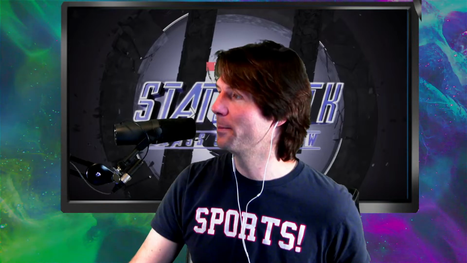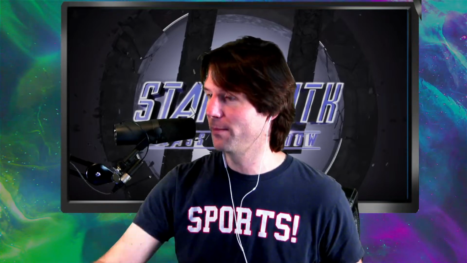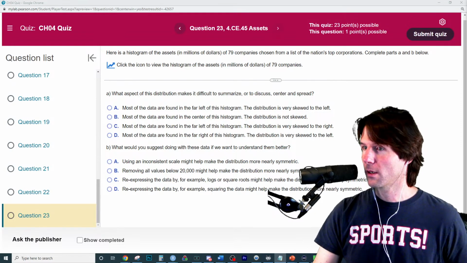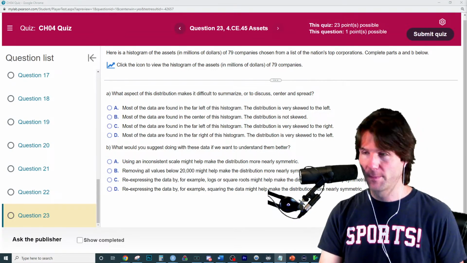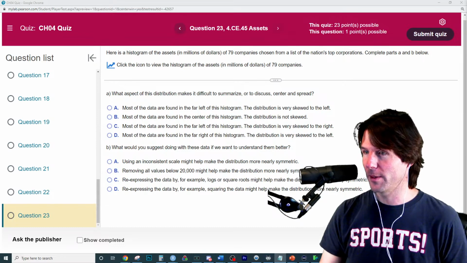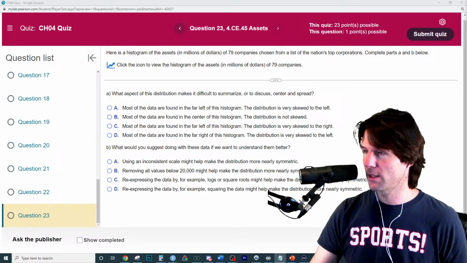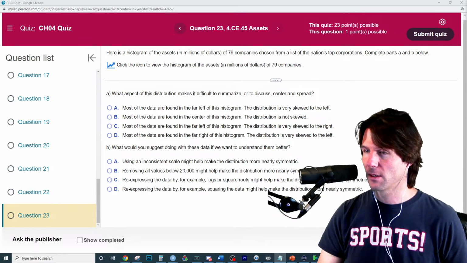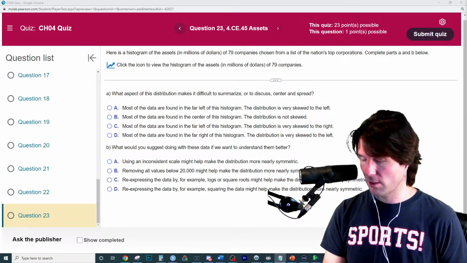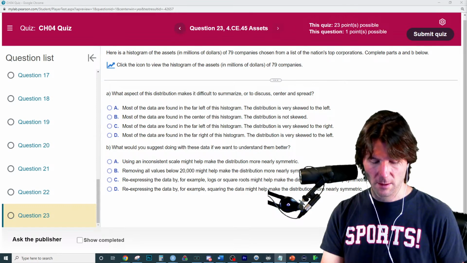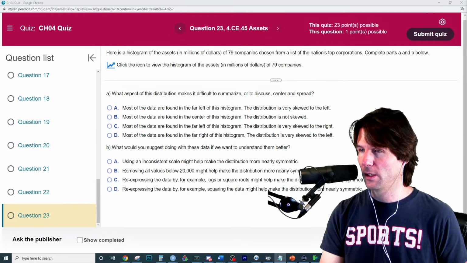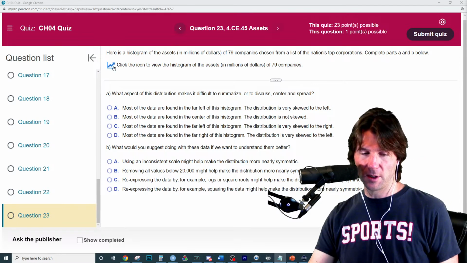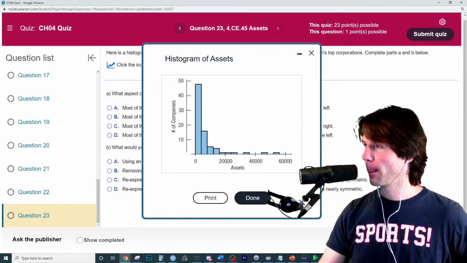We got it. Let's start this up. Here we go. Here is a histogram. Oh, wait, we got it right here. Taking a note. Got a lot on the list. So we are at 43, Stat Tool 1, Chapter 4 quiz. Here's a histogram. So I have only one thing to say to you right now.